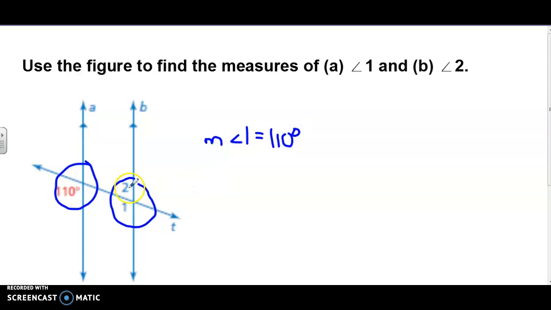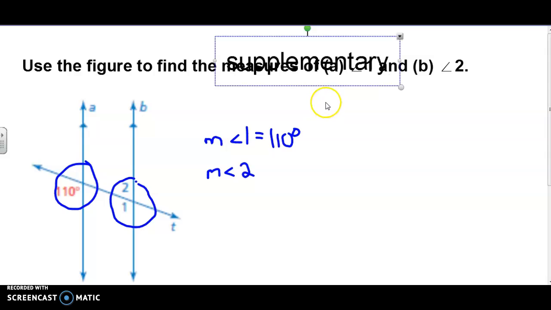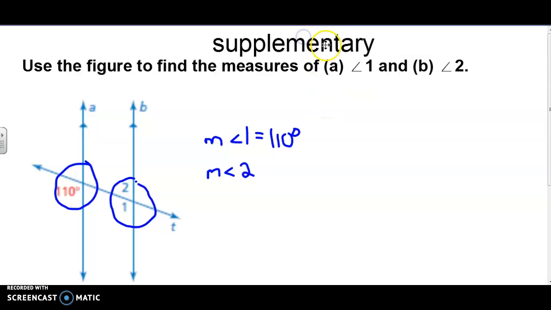Now, the measure of angle 2, well, angle 2 and angle 1 are supplementary. That means that they add up to 180. So supplementary angles add up to 180 degrees. So angle 1 plus angle 2 add up to 180.